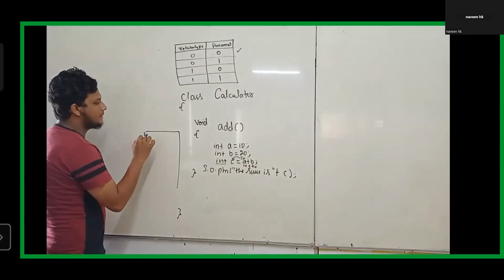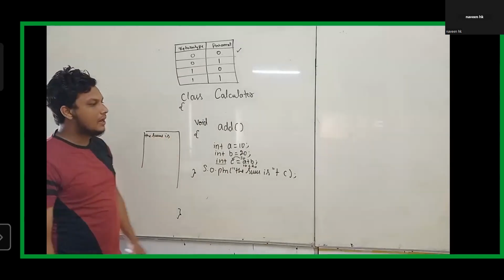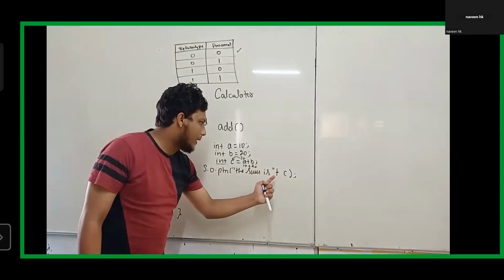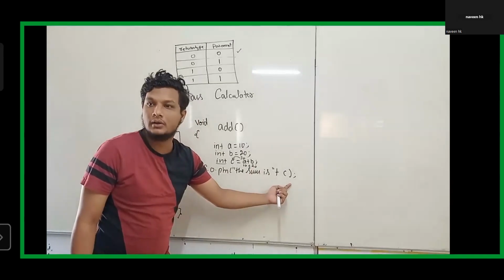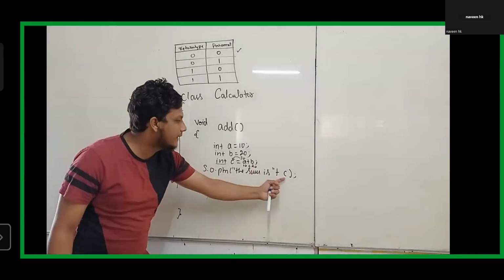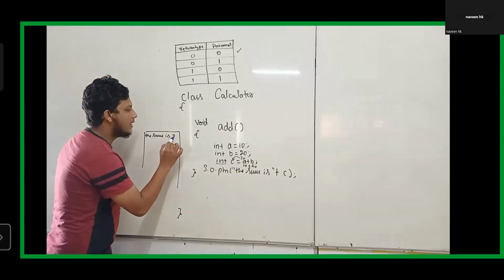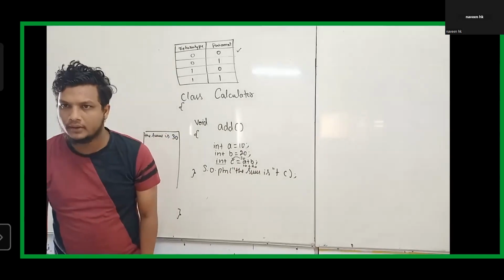It will print as the sum is. Now I am telling plus c. Whenever you apply the plus operator between a string and a number, what will it do? Concatenate. What does c contain now? 30. So the sum is 30 will be printed. Is it clear? Yes or no?